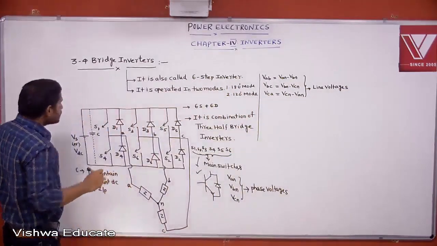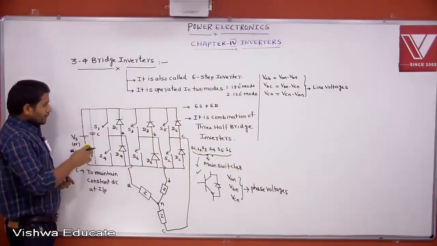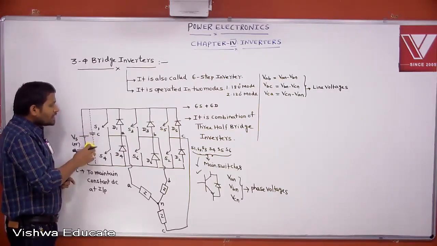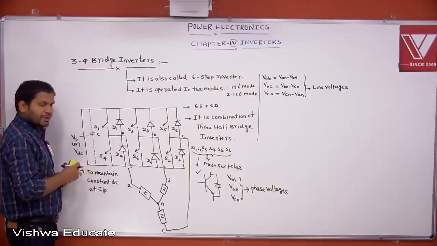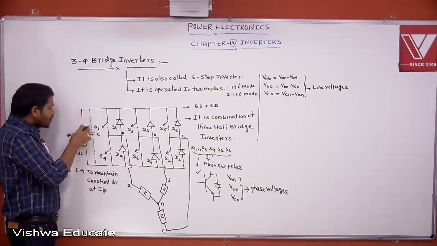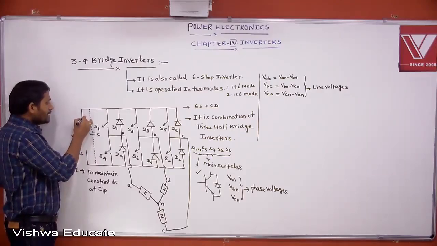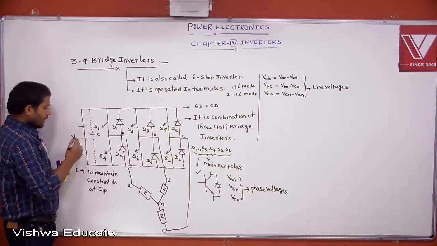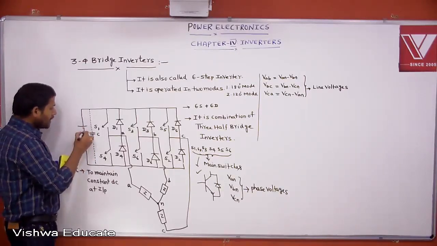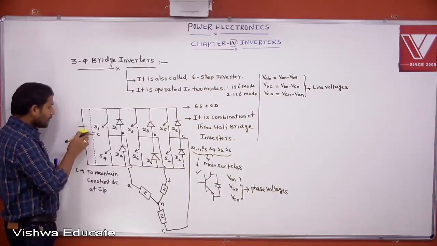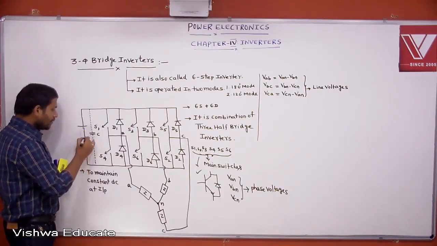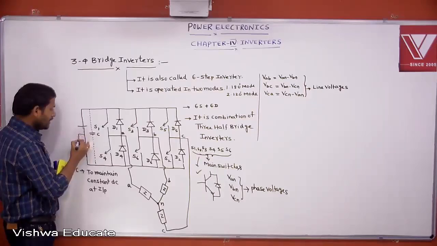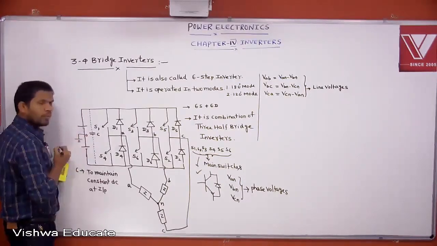Let us assume the total supply voltage is Vs. Then this voltage can also be represented as Vs by 2 and Vs by 2, and the sum gives Vs. Then this is the grounding point.